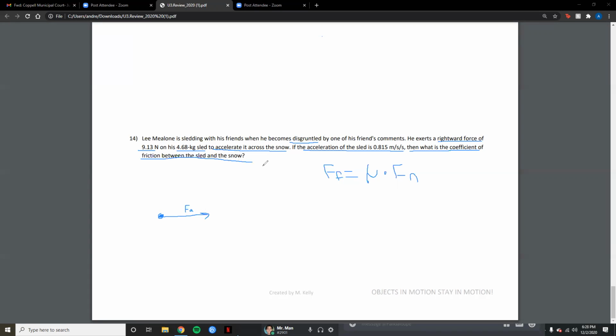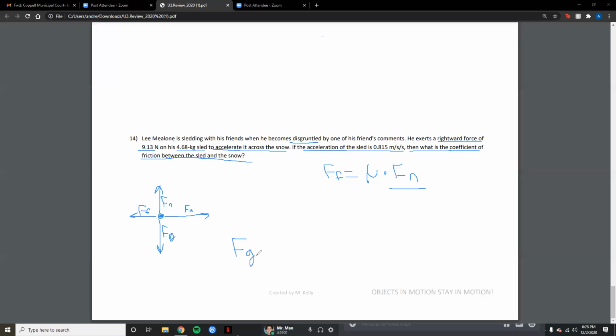Wait, because if the acceleration slows... Oh, you're right. Because he's not applying it completely, right? No, he is. He's exerting a rightward force, so it would be applied in the right direction. F of f. Then you got F of n, and you got F of g. So let's find F of g so we can find F of n.